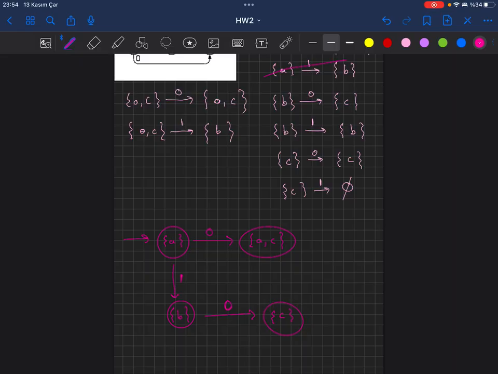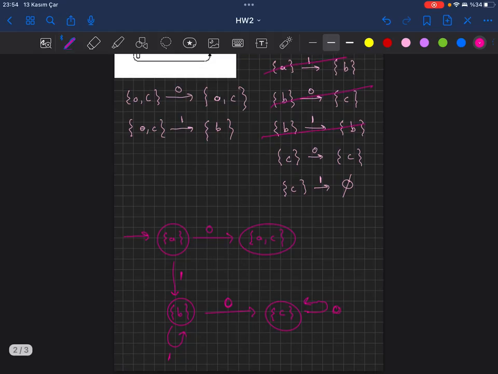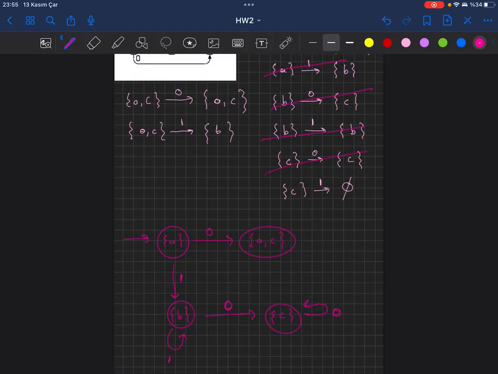Draw circle. B, 0, C, and 1 is going to itself, like that. In C, 0 going to itself, and 1 going to empty, the trap state.